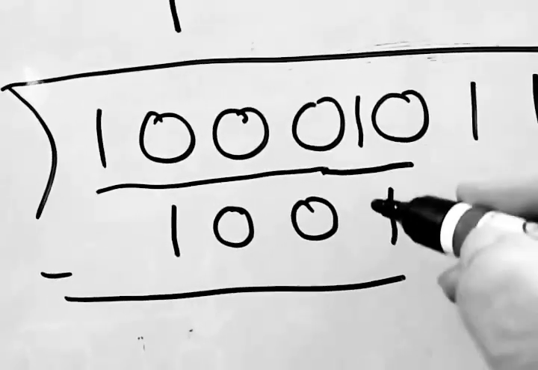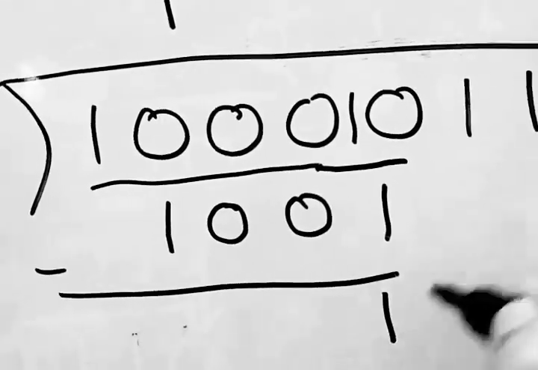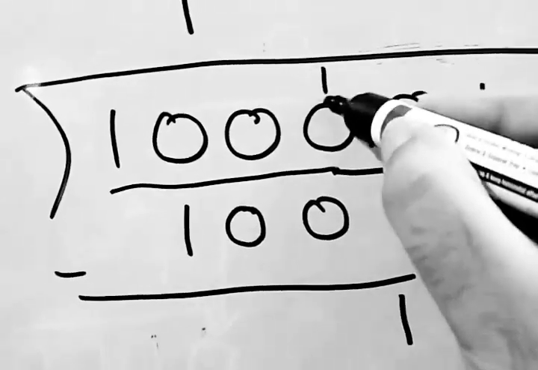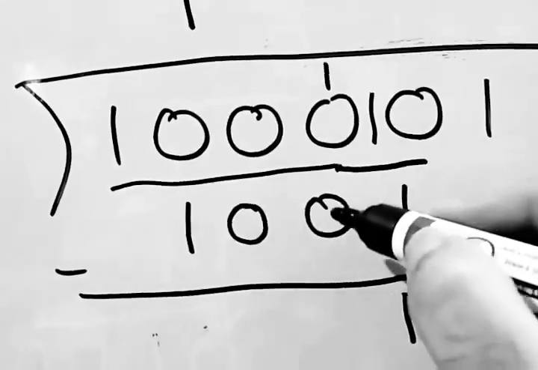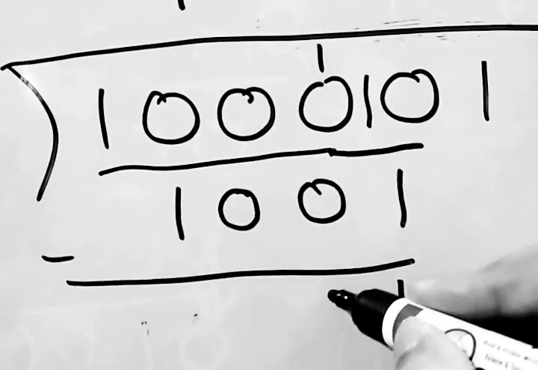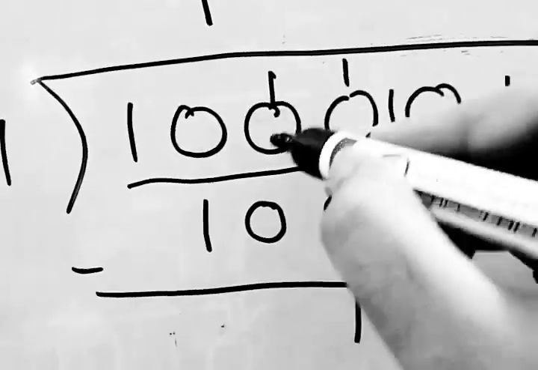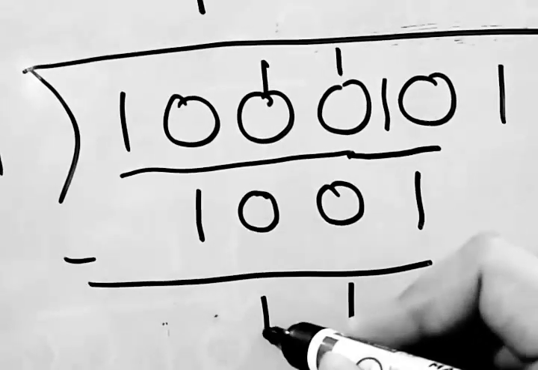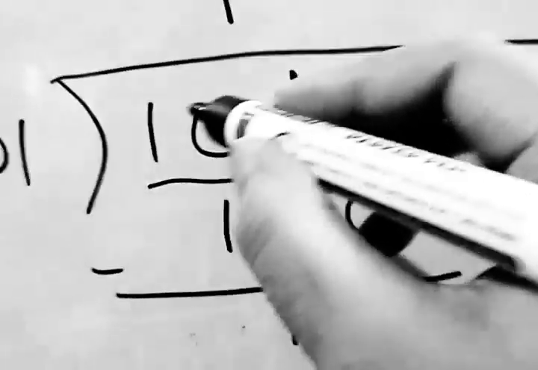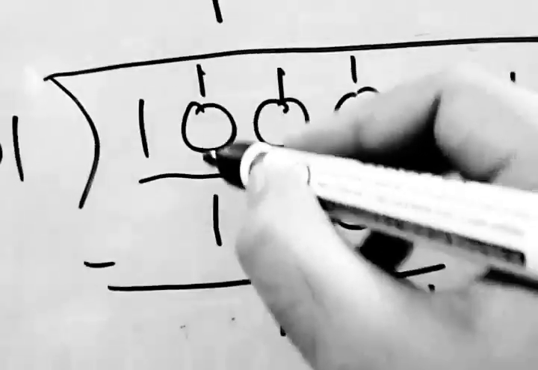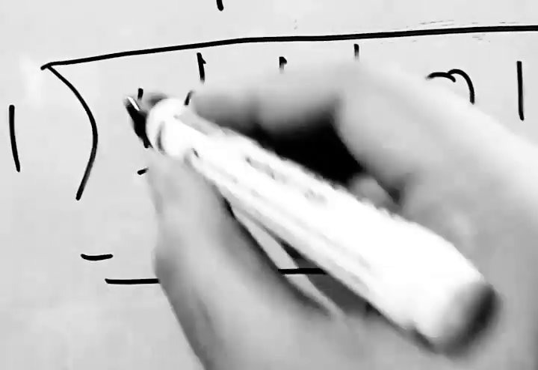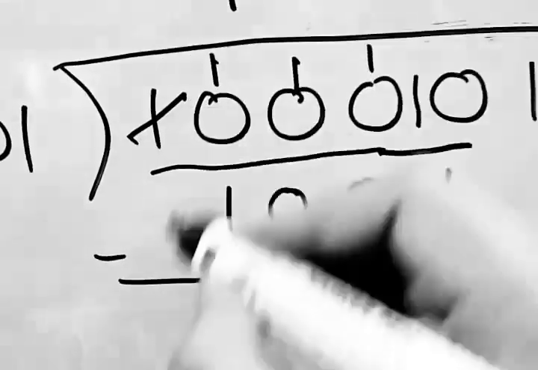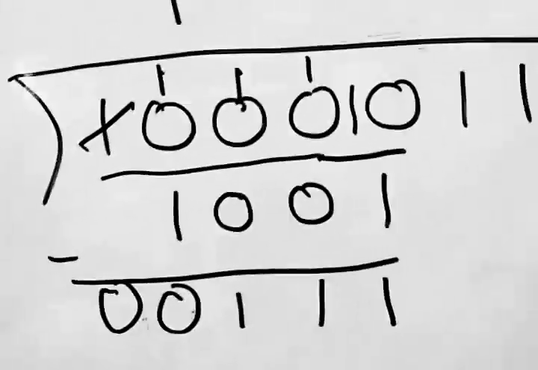so it will come as 10 like this. 10 minus 1, 1, here balance was 1, 1 minus 0, 1, here also balance was 1, so 1, balance 1, 1 minus 1, 0, and we have borrowed 1 from here, so it is 0.